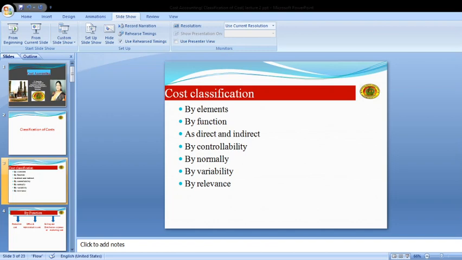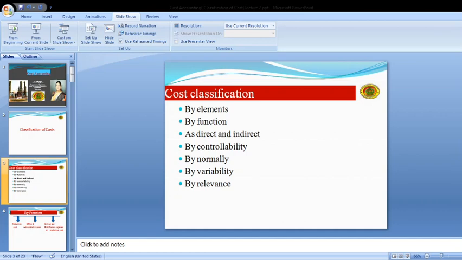So you remember now what are the elements of cost? I think most of you know. First one is material, next is labor, and third is expenses. It is the oldest form of classifying.